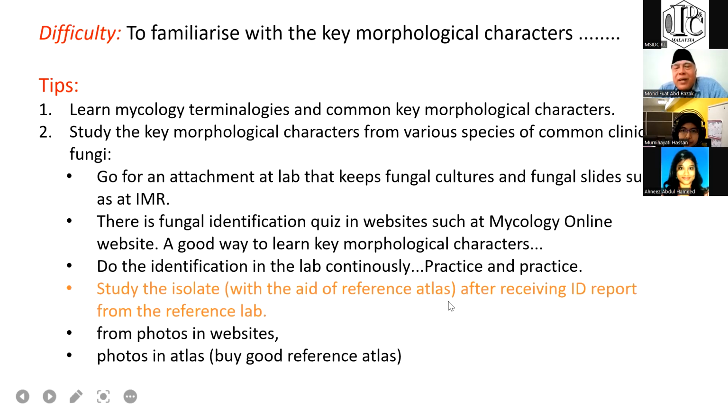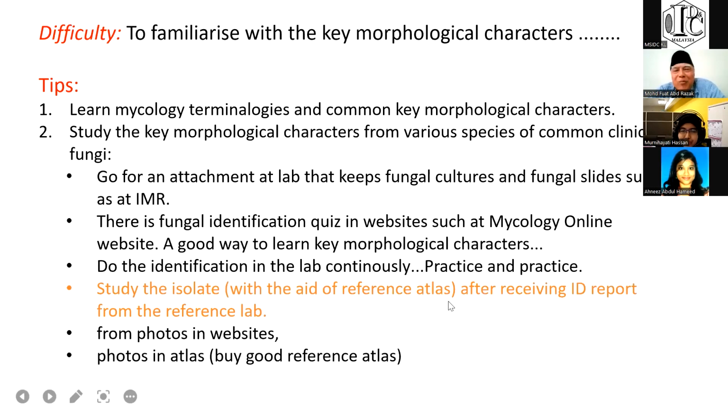But my advice is don't worry about whether you see conidiophores or phialides. What you should do is learn, let's say, the 50 most common fungi in clinical specimens, and remember them by heart. For example, in Scopulariopsis, the conidiogenous cell is annellide. In Aspergillus, phialides. Scedosporium, annellide. I remember that by heart.